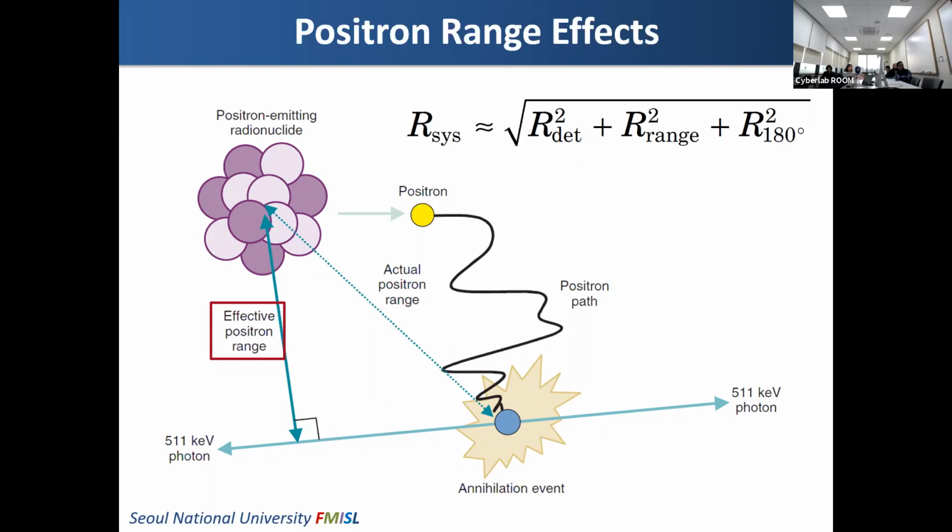Then what is the factor that determines sensitivity? Timing is also important. As I said, the timing resolution determines the image quality, but the timing itself is not the intrinsic factor that determines the sensitivity.